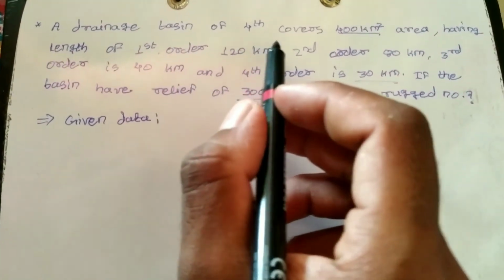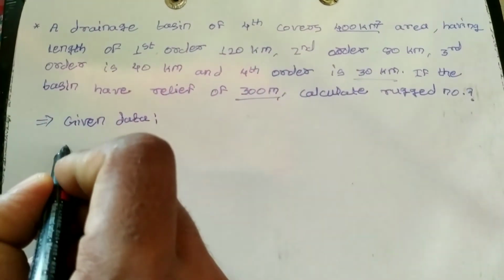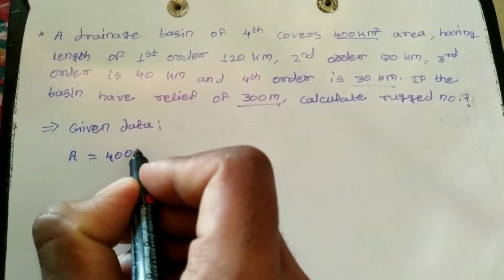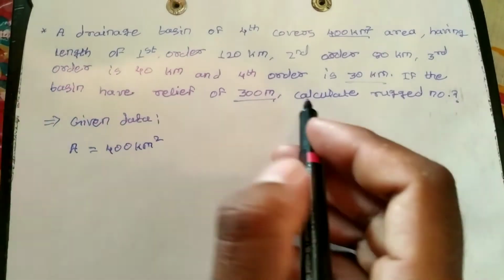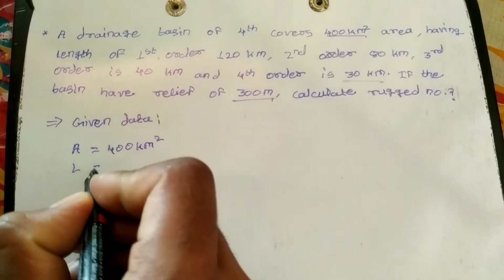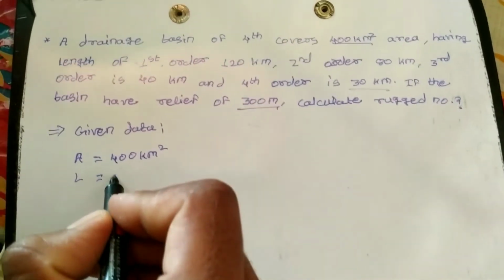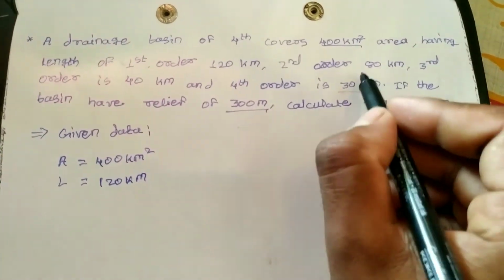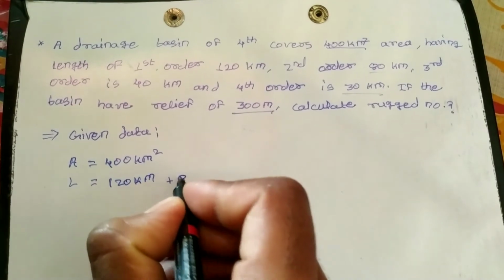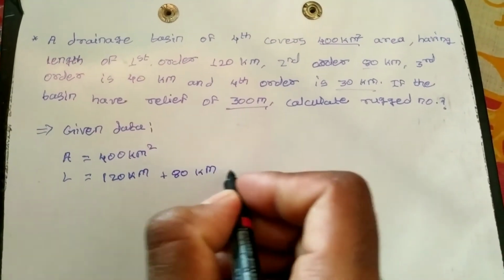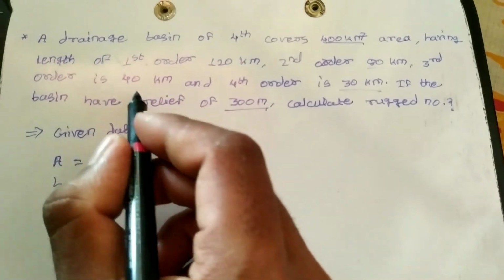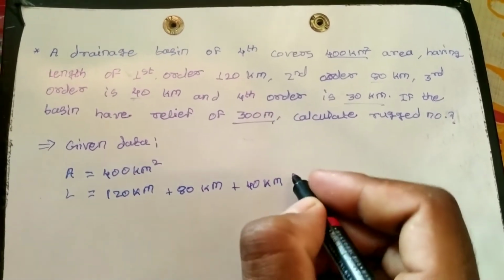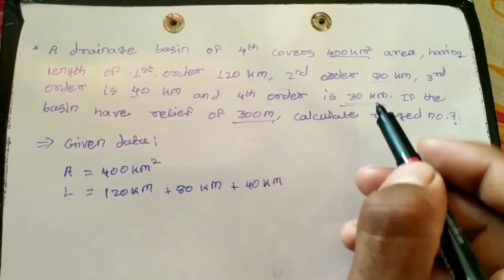What is given? Fourth order covers an area, area is given again: area equals 400 square kilometer. Then length is given: 120 kilometer first order, then second order 80 kilometer, plus third order length 40 kilometer, and fourth order length 30 kilometer.